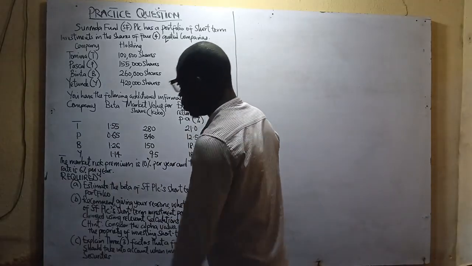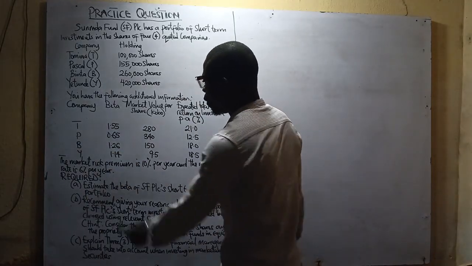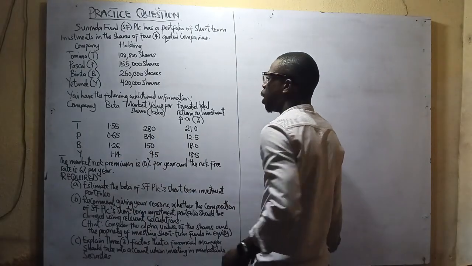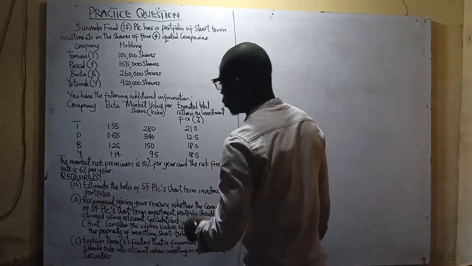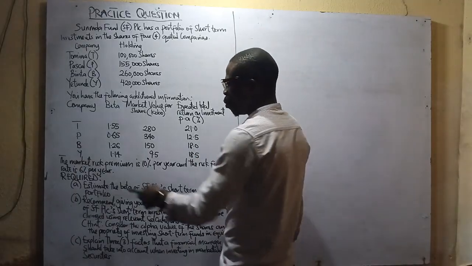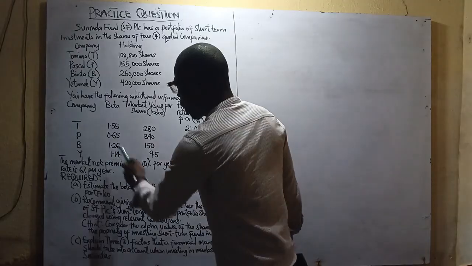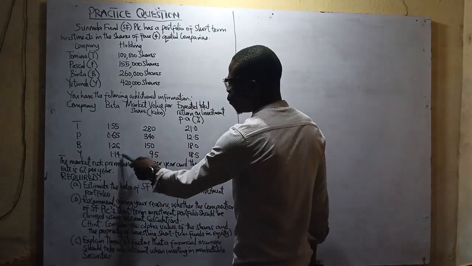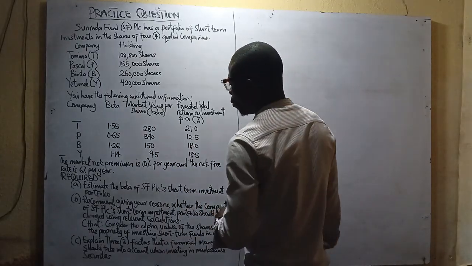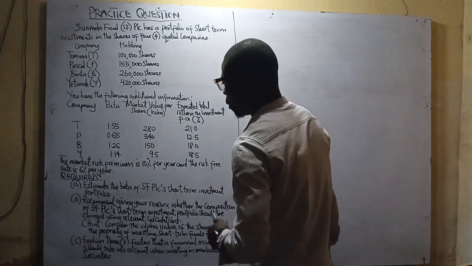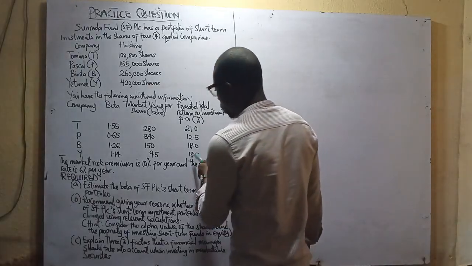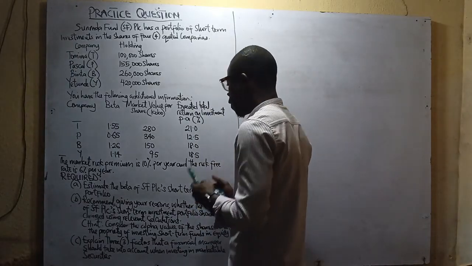For B, which is Binta, the beta value is 1.26, and the market value is 150 kobo with an expected total return of 80%. While Y has a 1.14 beta value, the market value per share is 9.5 kobo, while the expected total return on the investment is 18.5%.